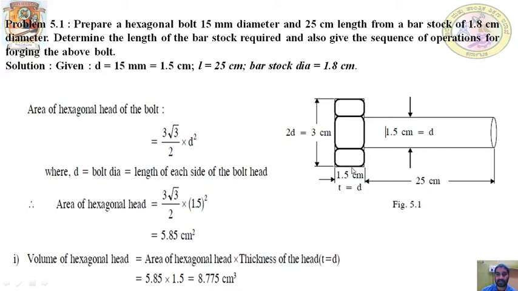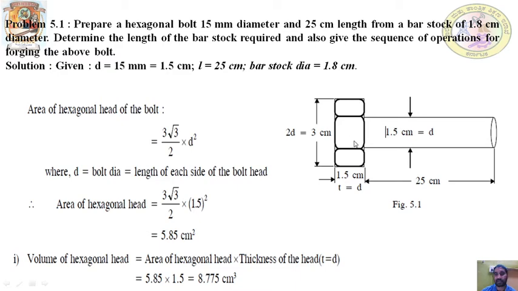The volume of the hexagonal headed bolt is area into length. So the area is 5.85 multiplied by the length of this hexagonal head, which is the thickness, that is 1.5 centimeter. Multiplied, you will get the volume of this hexagonal headed portion as 8.775 centimeters cube. How did you calculate it?